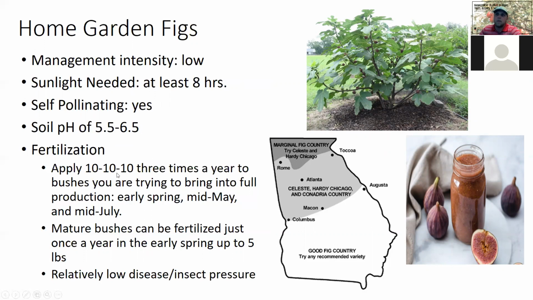For fertilization, you're applying 10-10-10 three times a year to the bushes you're trying to bring into full production: in the early spring, mid-May, and July. Mature bushes can be fertilized just once a year in the early spring with up to 5 pounds. This is dependent on bush size.